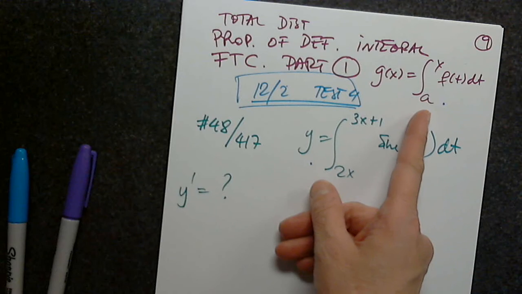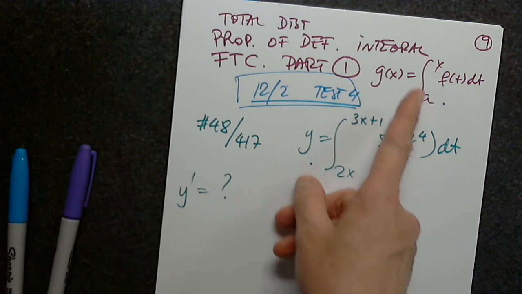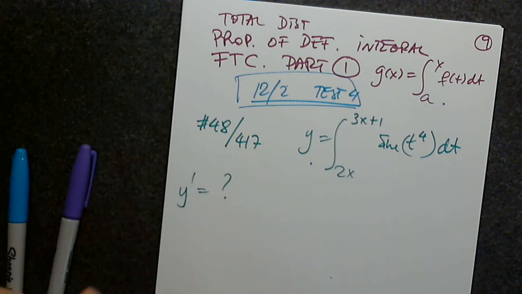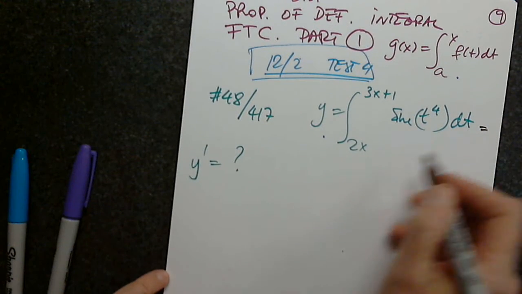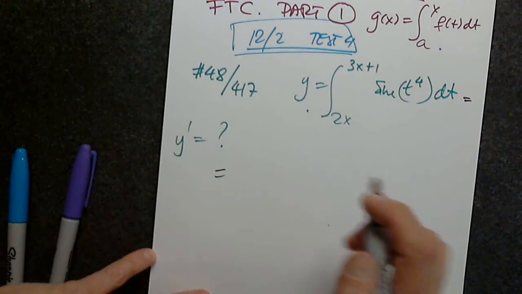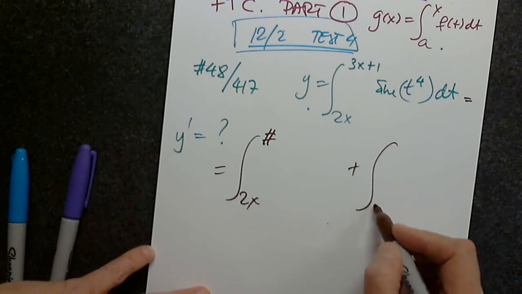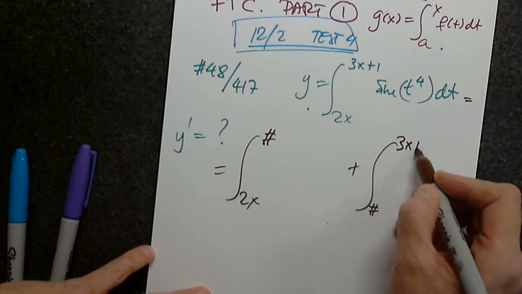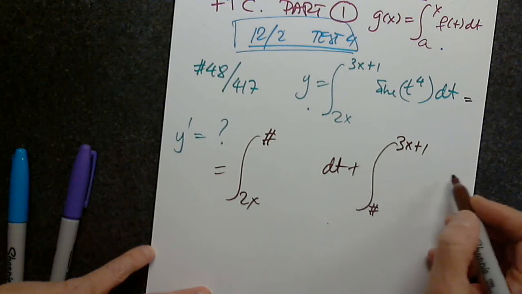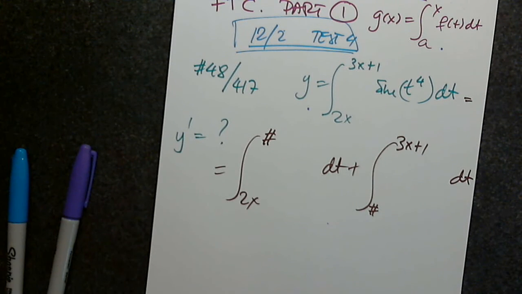Because it has to look like this: a number and something, or x. So then one of the properties of the definite integral allows us to split the integral at any number. And we have to do that because the fundamental theorem of calculus part 1 is not applicable if the lower limit is not a number.